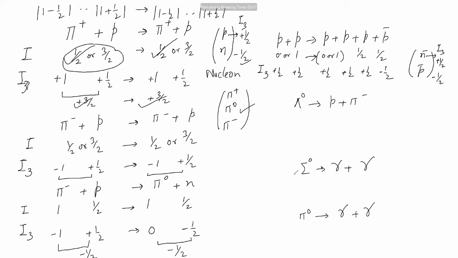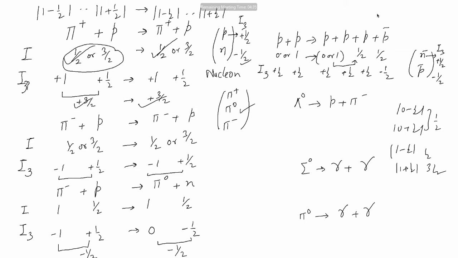Okay. Then I will take the third state. That means I will combine 0 with half. This will give us half, because 0 minus half to 0 plus half, the magnitude will give us half. Same number. But 1 with half can give me half as well as 3 by 2.